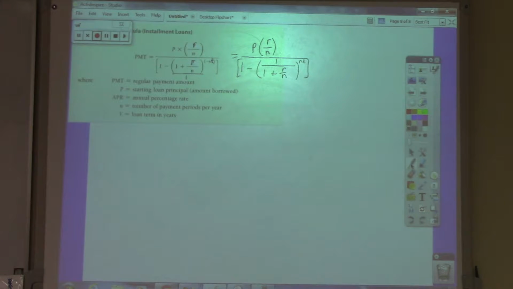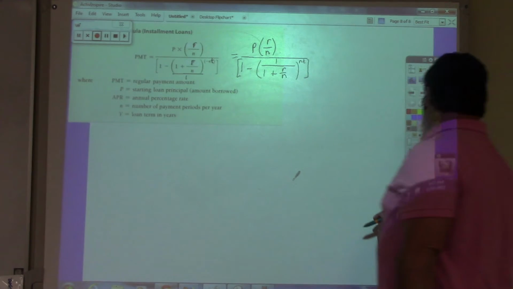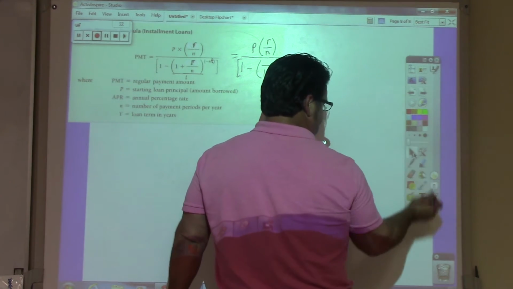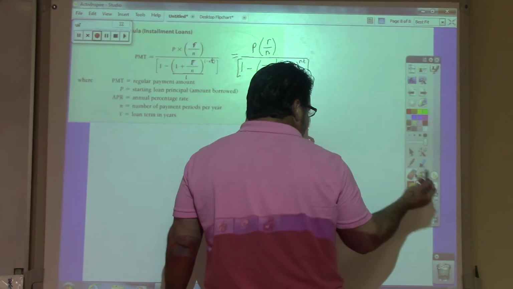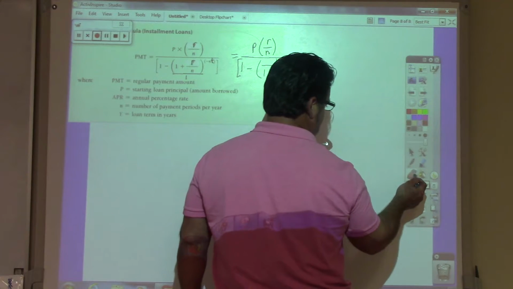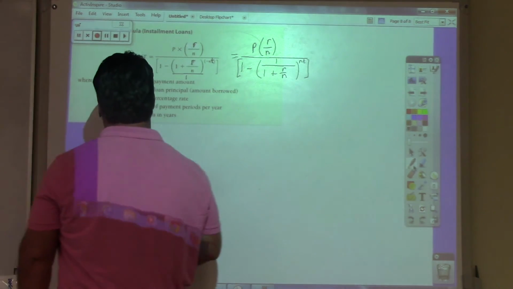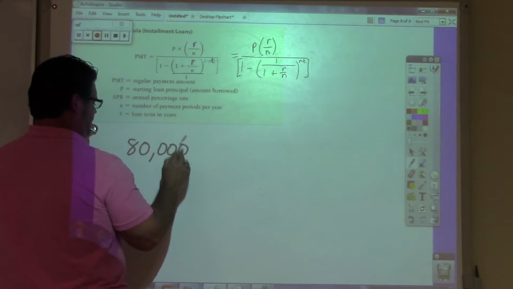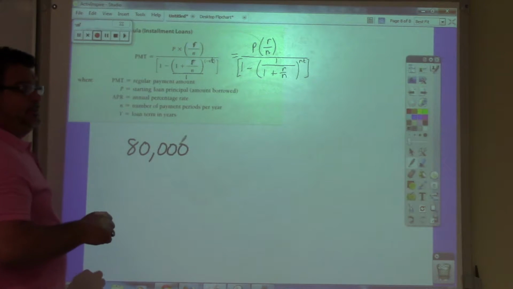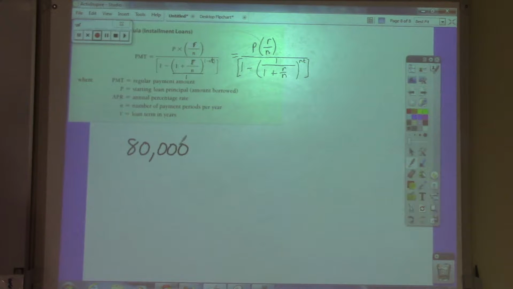All right, now, let's say that you buy a house. Let's say you buy a moderate house around 80,000. Let's say your credit sucks and you didn't get a 4% interest, you got 8% interest.